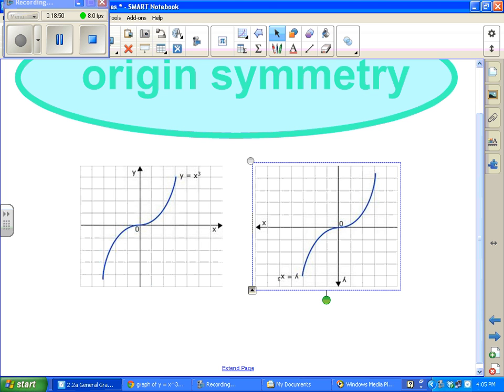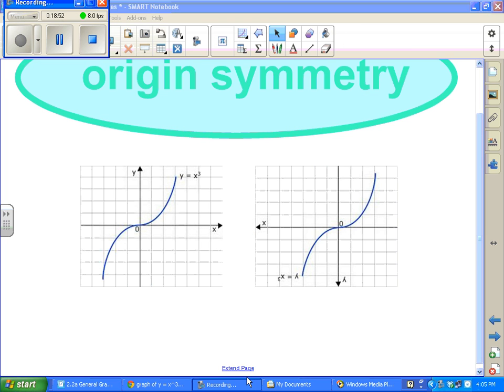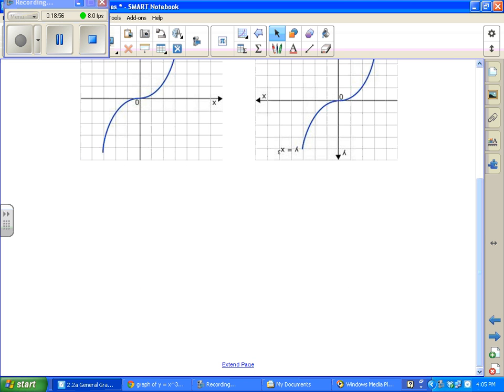But we're not only going to be looking at the graphs. We also want to look at the algebraic way to show this. So for every point xy on the graph, if it has origin symmetry, the origin is at 0, 0 on a graph, so here is the origin, 0, 0.